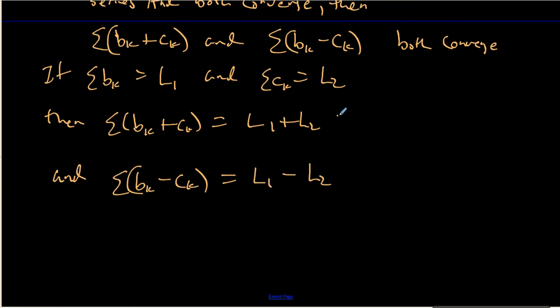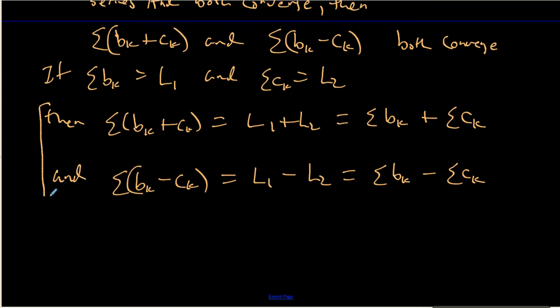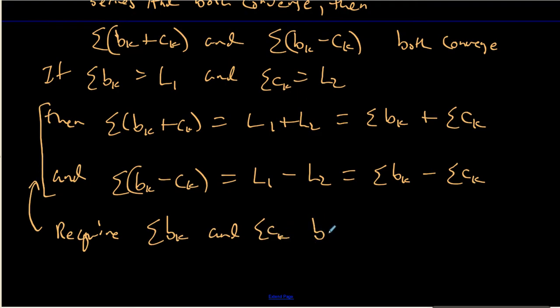In other words, if I'm looking at a sum, I can split the thing into a series of b_k's plus a series of c_k's, and if I'm looking at a difference, then I can split the series into a series of b_k's minus the series of c_k's. But these two facts do require knowing that the b_k series and the c_k series both converge. So those are our tools.